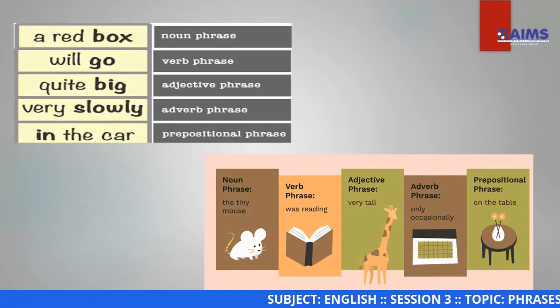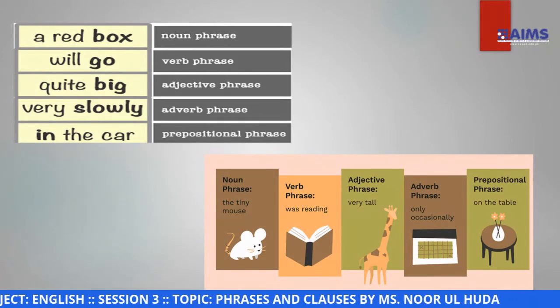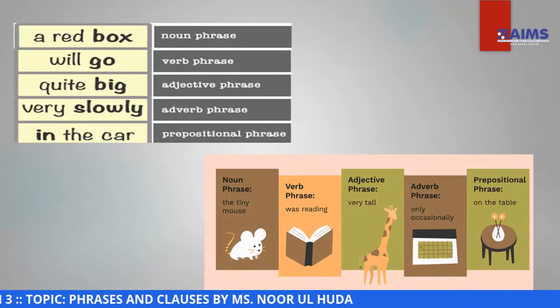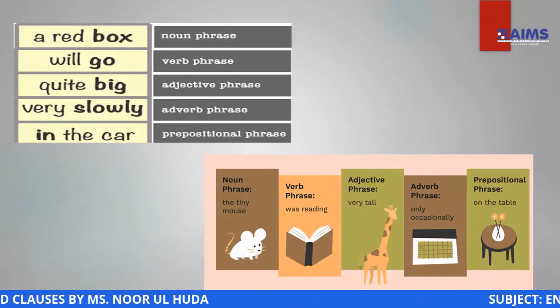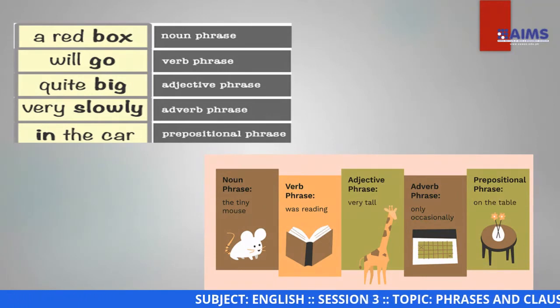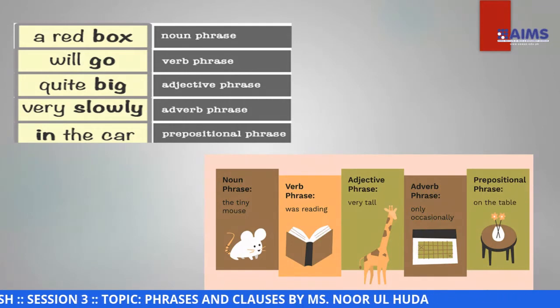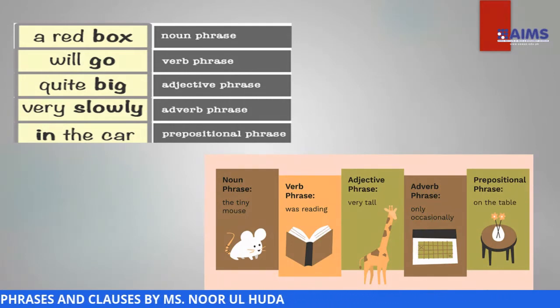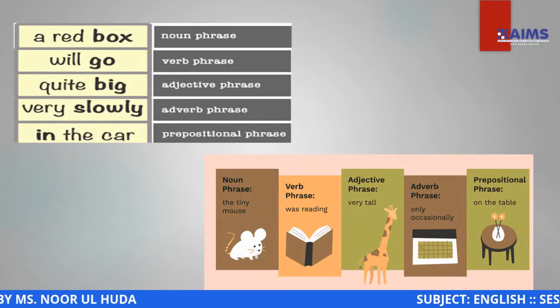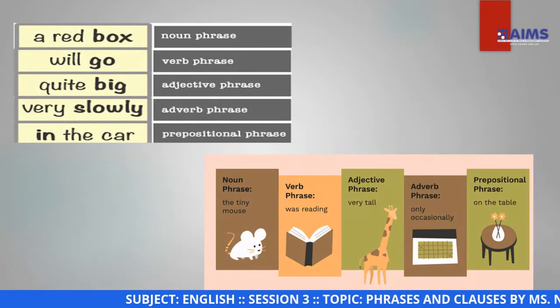Adverb phrase: only occasionally. We can say most often. If I say that I don't take classes, I only take classes occasionally. Now, occasionally is an adverb, meaning how actually I take classes. Prepositional phrase: on the table, these are the very same.